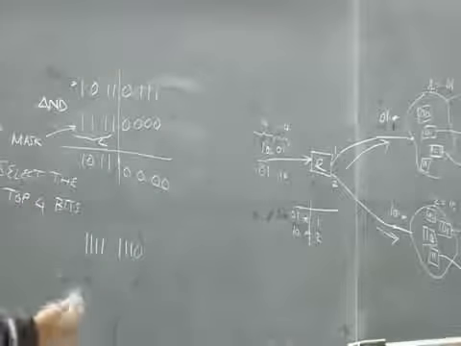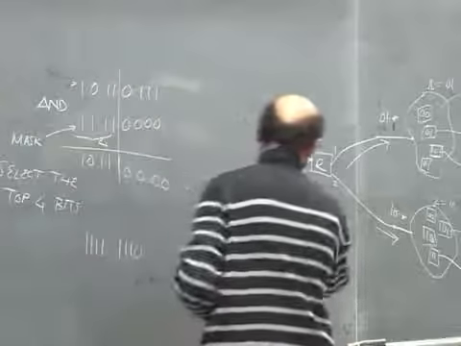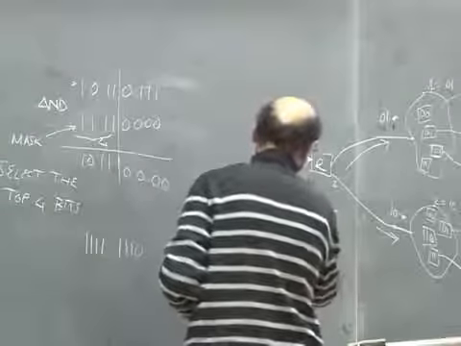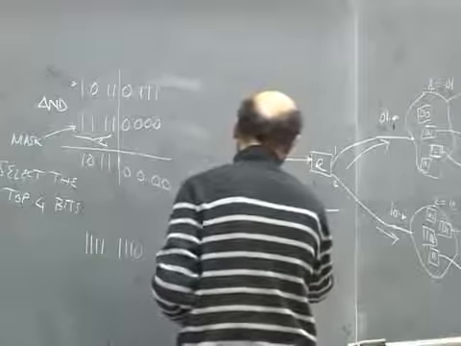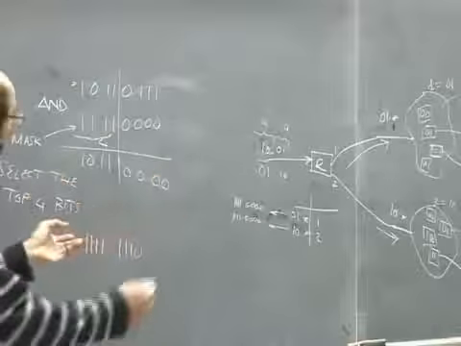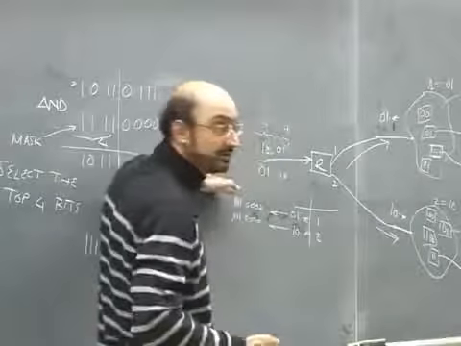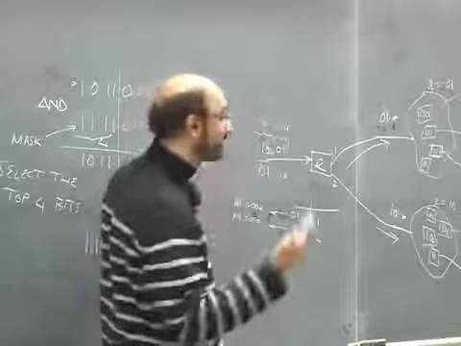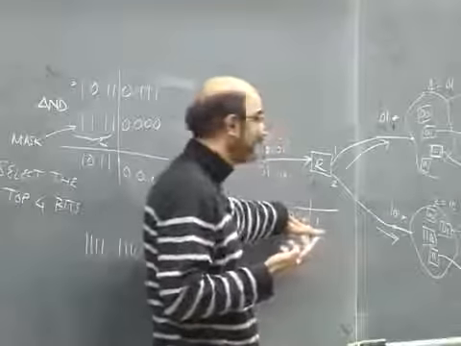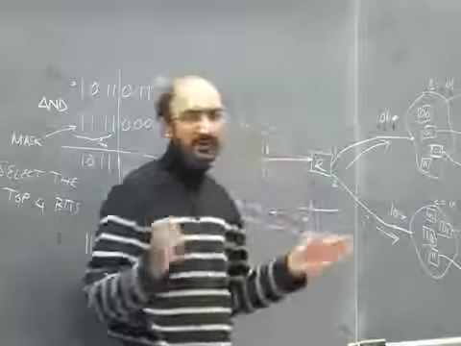How do I do that? I say use a mask of length 4. So I'll use the mask 11110000, and here use the same mask 11110000. Does that make sense? So I'm saying take the destination IP address that I got, AND it with this mask over here. I'll get some number. If that number matches this one over here, which is 01.0, then everything is fine.